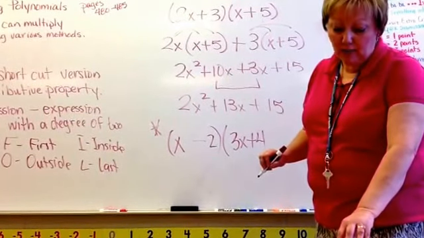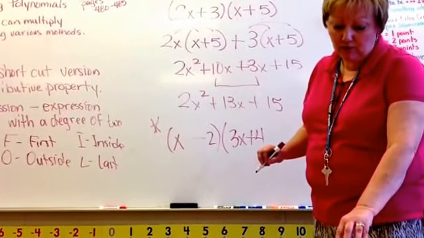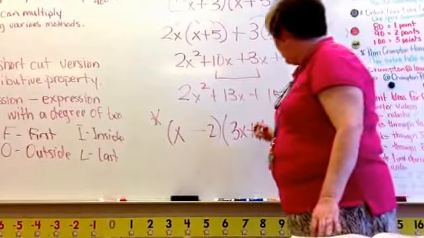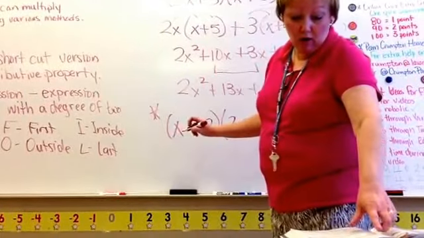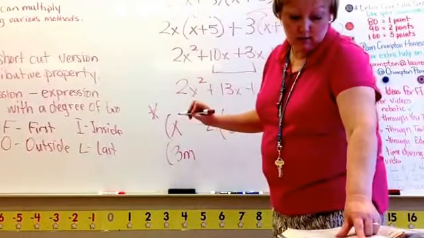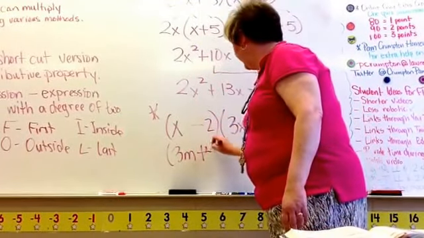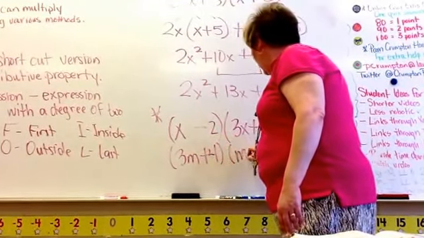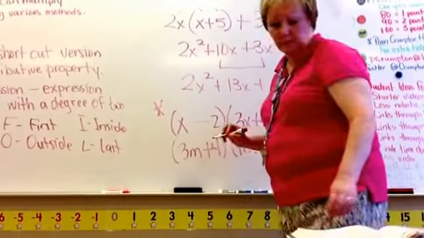There are some guided practice problems at the top of page 481. Those problems are 3m plus 4 times the quantity m plus 5.